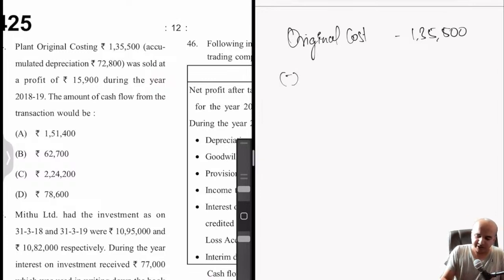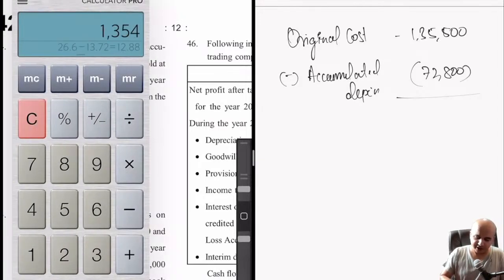From that, reduce the accumulated depreciation. That will give us the book value of the asset, which is this minus this: 135,500 minus 72,800. So this brings us to 62,700. This is the written down value of the asset.